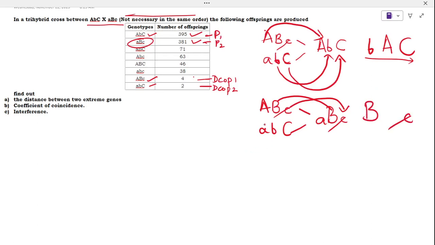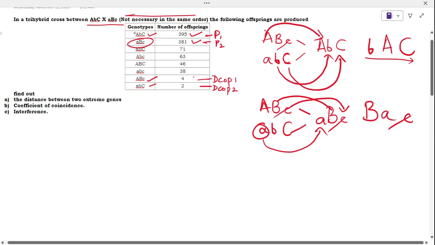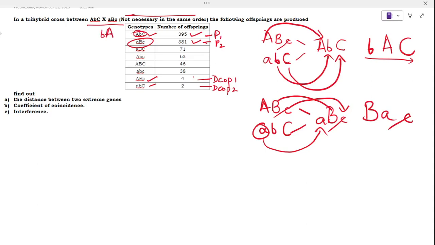And then small a, you can observe that it is segregated independently to one genotype or one gamete here. So here, in the parental combination, you can replace this with small b, capital A, capital C, and replace this with capital B, small a, small c.